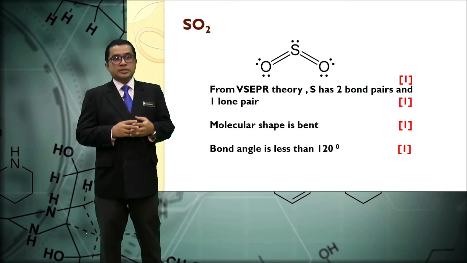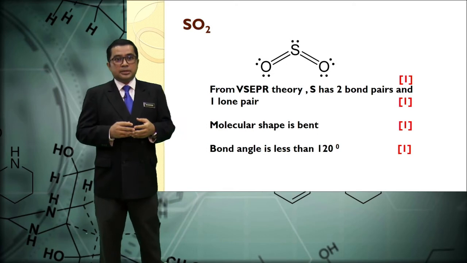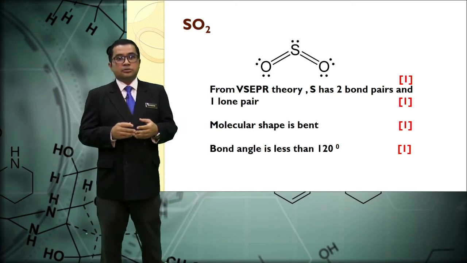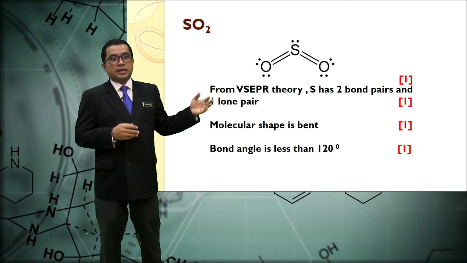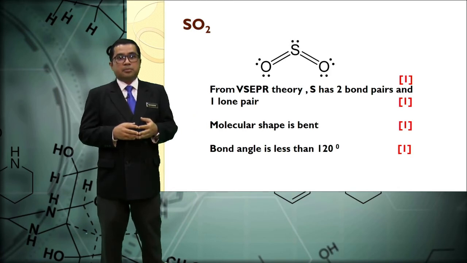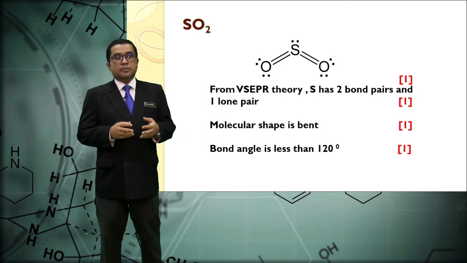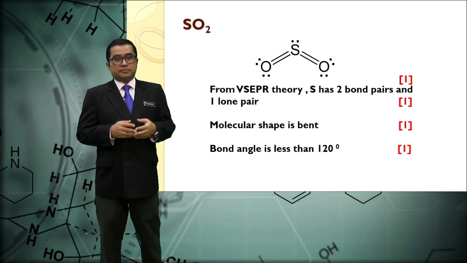For the first structure, you have to draw the correct Lewis structure for SO2, or sulfur dioxide. This is the structure. It has the double bond and it has the valence electrons. Make sure that you draw the correct bonds and also the correct number of valence electrons for each atom.